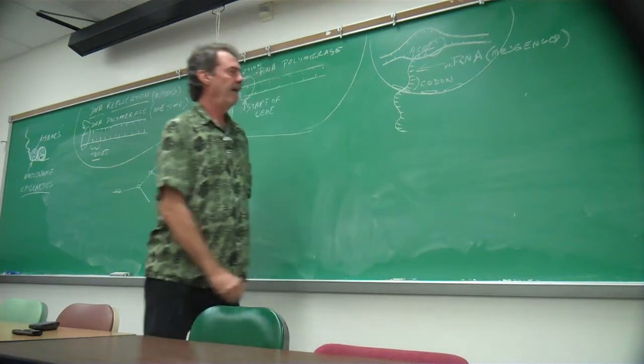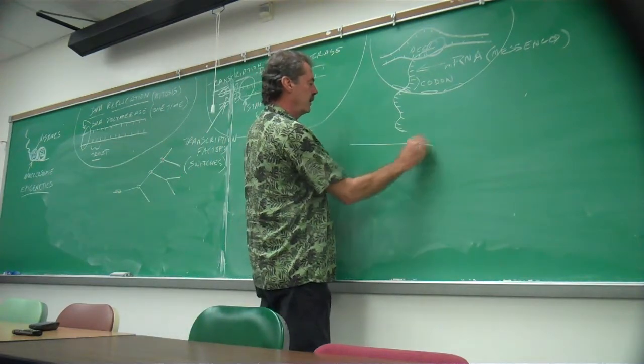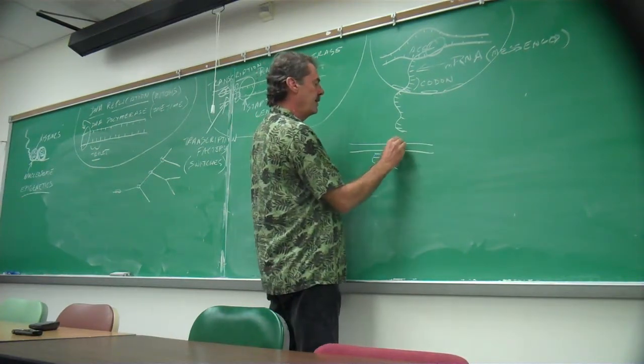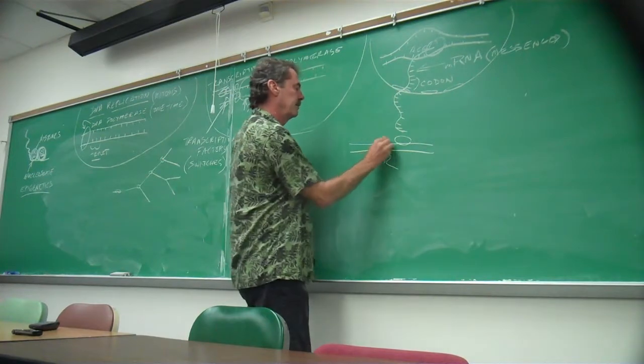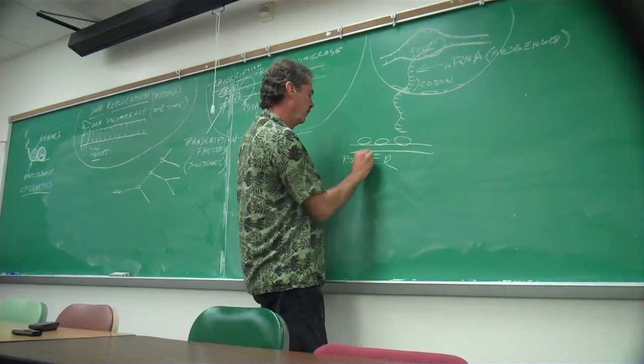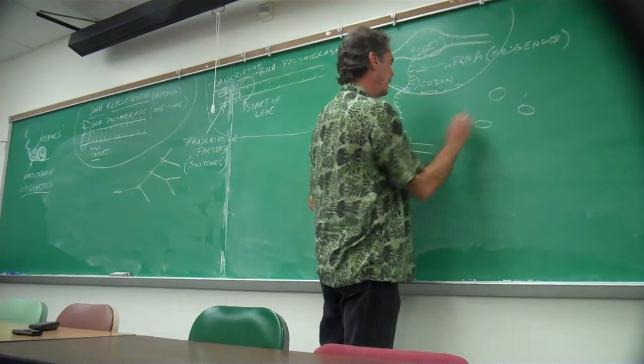Okay? It will either land two places. It can land on the endoplasmic reticulum. Okay? There's the membrane, which has ribosomes stuck to it. So it's rough ER. Okay? Or they're just ribosomes out in the cytosol. Okay?